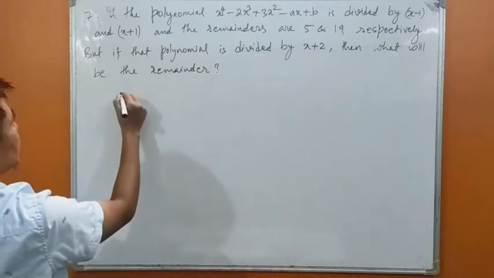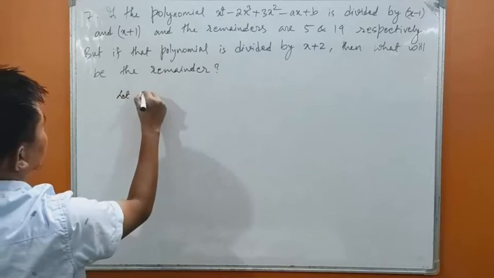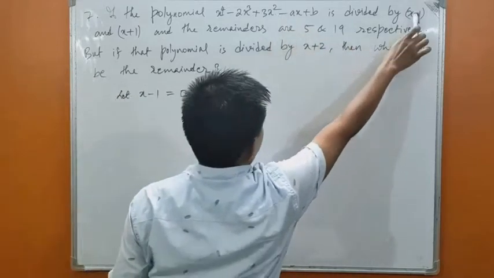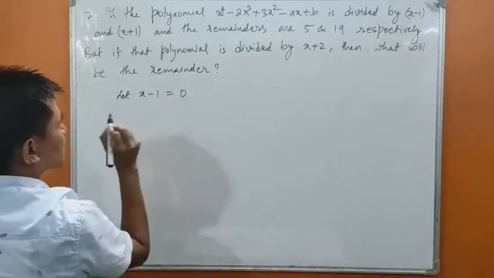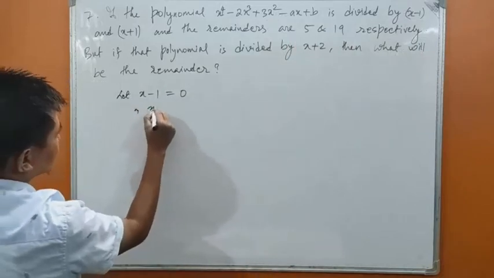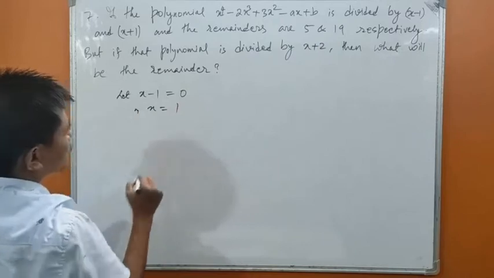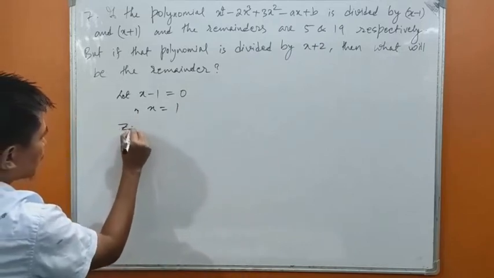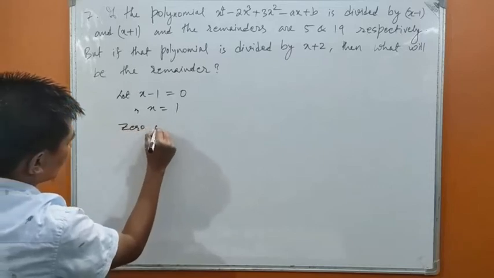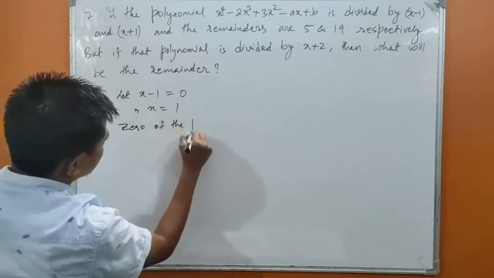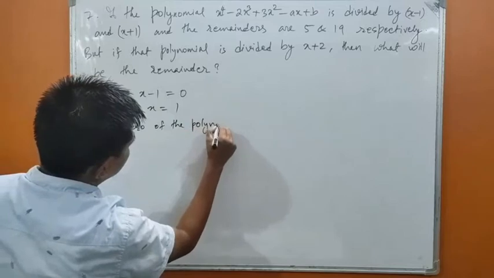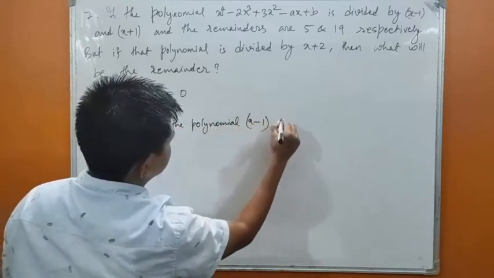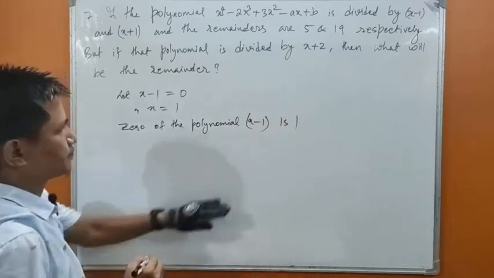Okay, x minus 1. Let x minus 1 equal 0. We are dividing this expression by x minus 1. So x minus 1 equals 0, or x equals 1, as minus 1 becomes plus 1 when we take it to the right hand side. Now the zero of the polynomial x minus 1 is 1, isn't it?